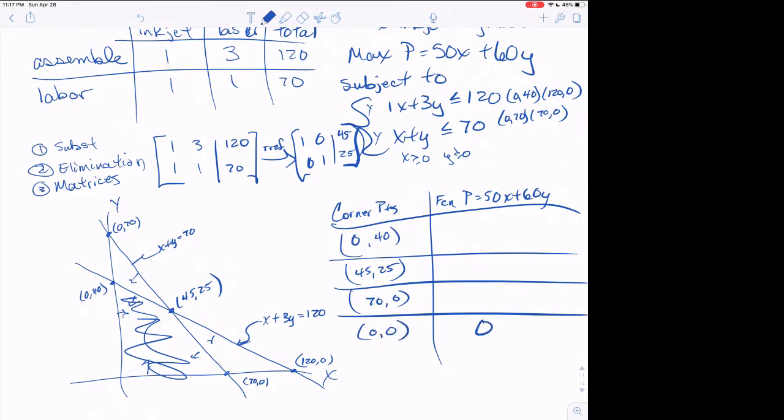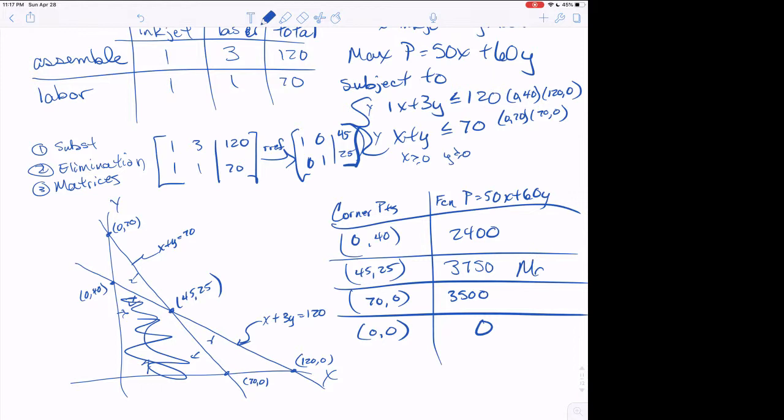So that answer is going to be 0. That answer is going to be 3500. That answer is going to be 2400. Those I just did in my head real quick. Then I go to my calculator and I do 45 times 50 plus 25 times 60, and that answer is 3750.